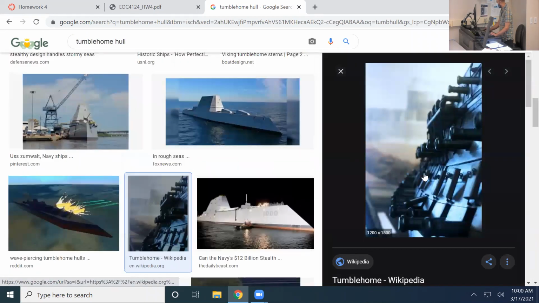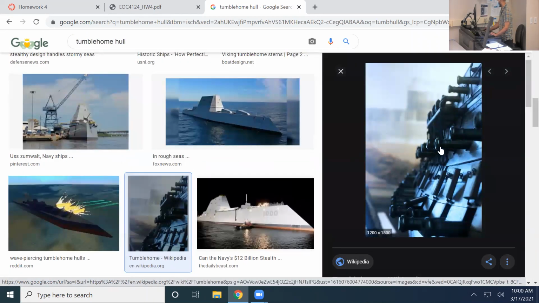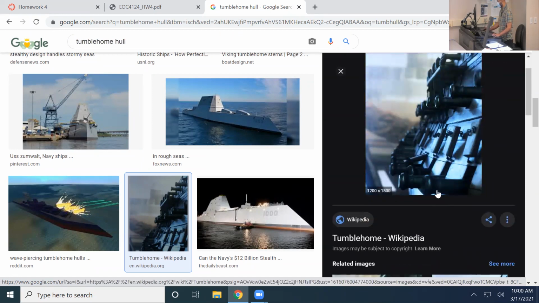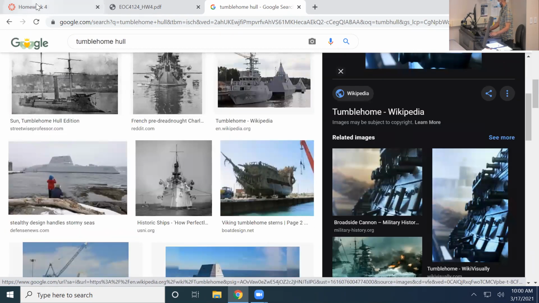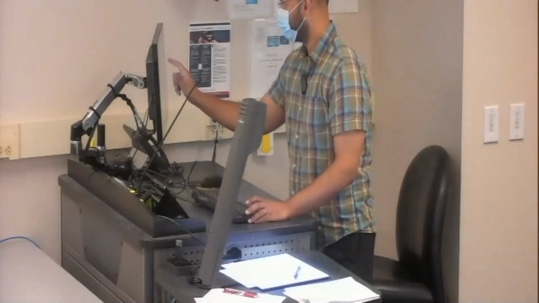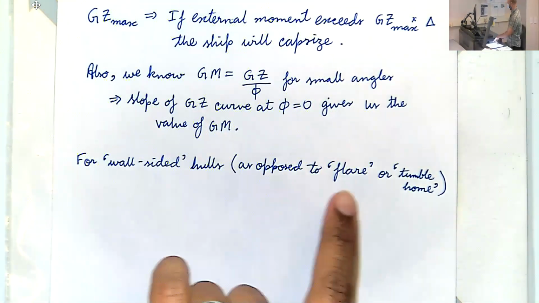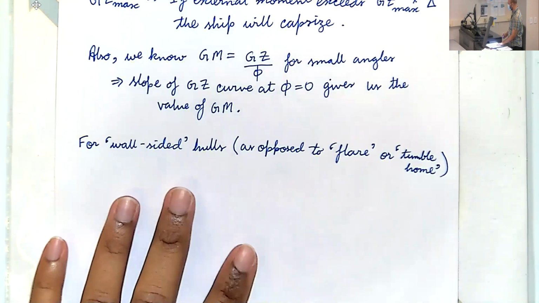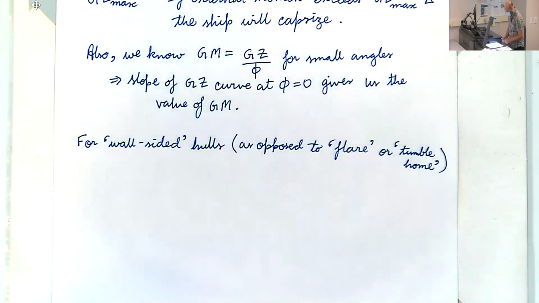See, at the top deck the hull is narrower than in the midsection. So that's what flare and tumble home refer to. So wall-sided means perfectly vertical, or nearly perfectly vertical.